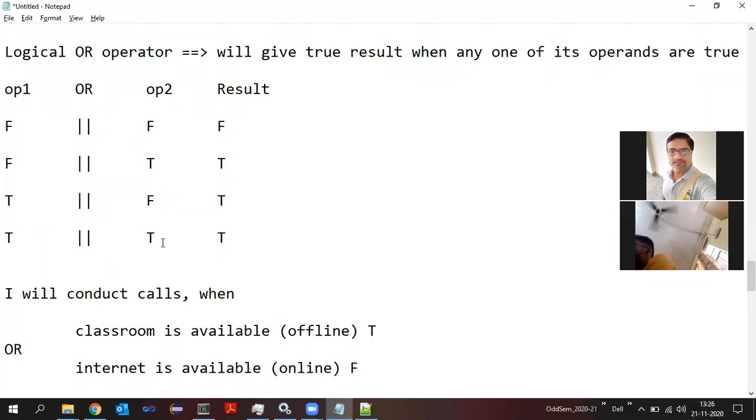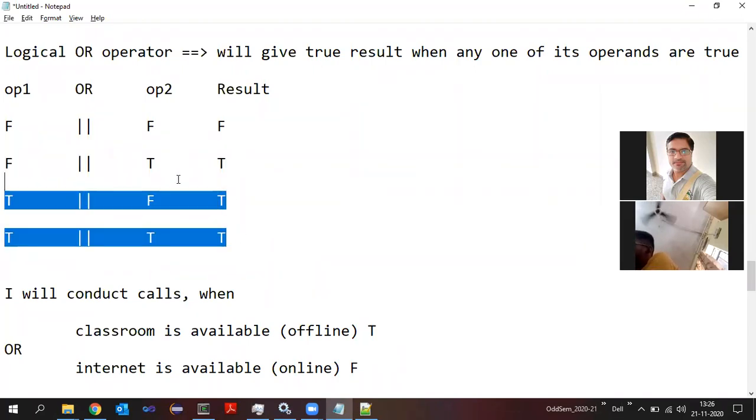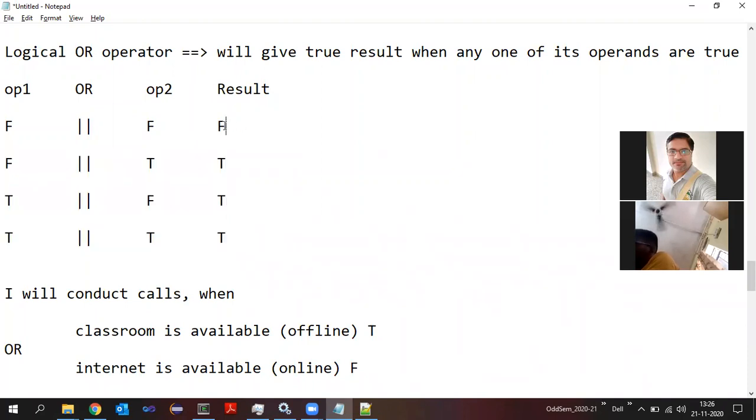If any one of its operands is true, then the result is going to be true only. The result will become false when both of its operands are false. That is the logical operation, how the OR works. Understood this one? Logical OR operation?